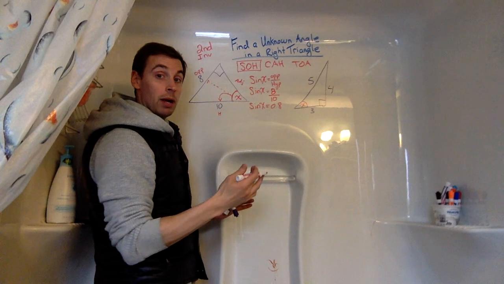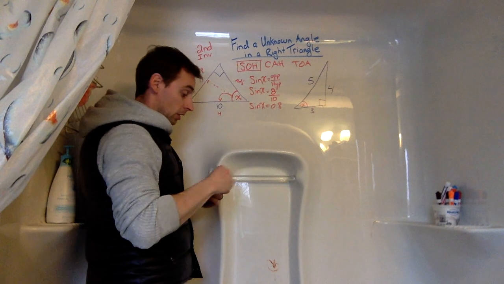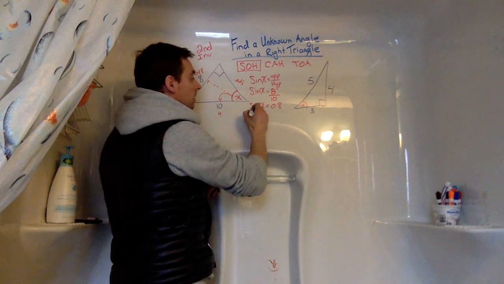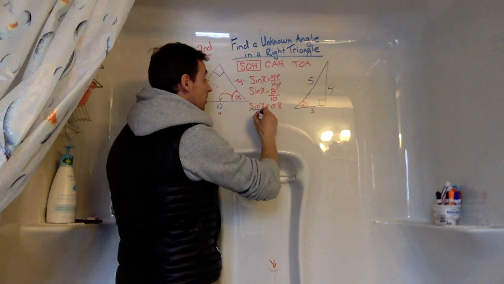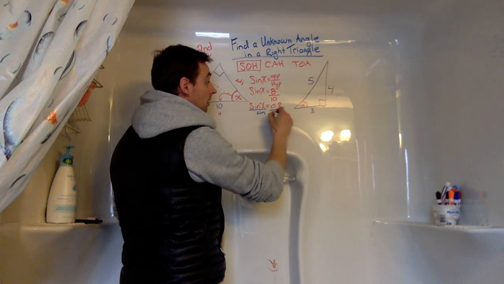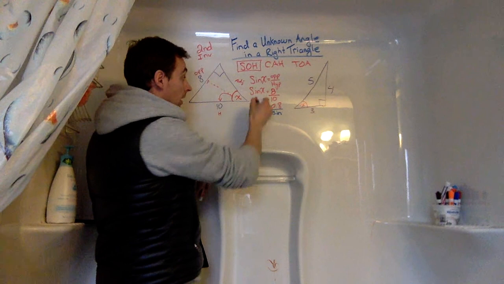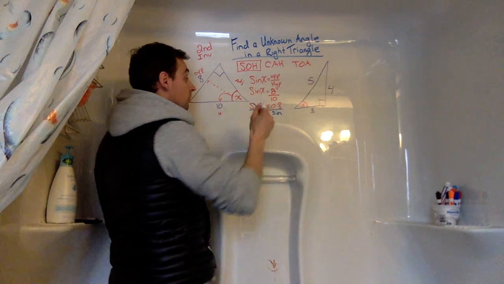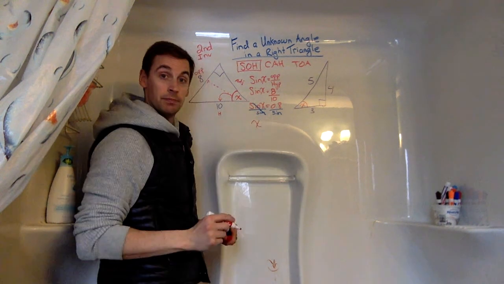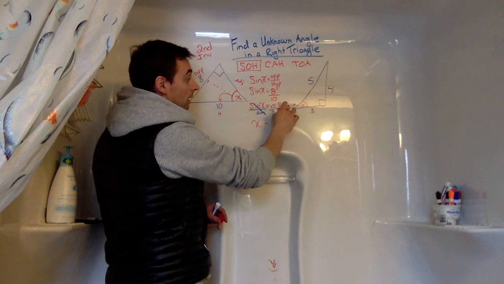Now, if we did it the long way, what you basically would do is divide. Just like in algebra, you need to get your variable alone. So you're going to divide by sine here and sine here. As a result, those sines are going to cancel out, and it's going to leave you with x equals 0.8 divided by sine.